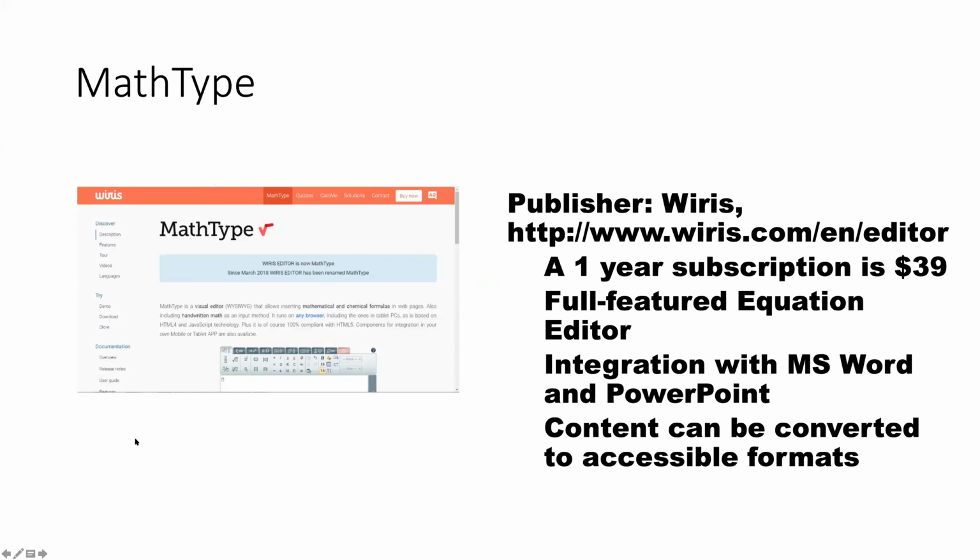It's just a plugin in Word. You can easily create math with it. It works just like the Microsoft equation editor. So it's very easy to use, and it lets you output math in an accessible format. And it's $49. So if your math department is struggling with creating accessible math, one thing you can recommend to them is MathType.